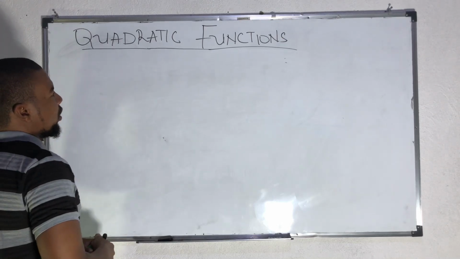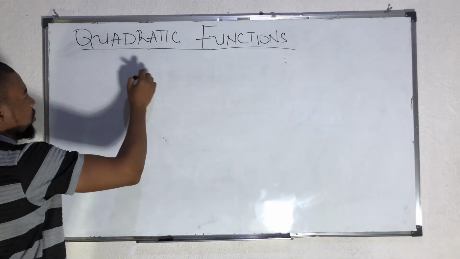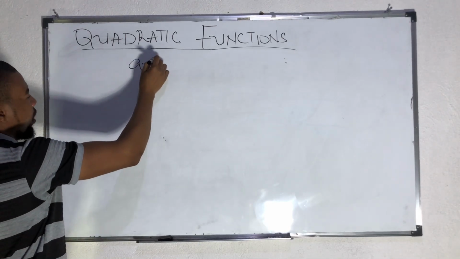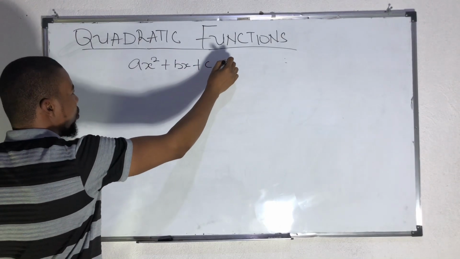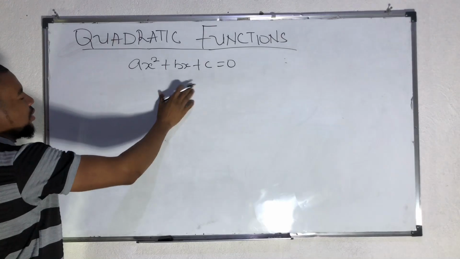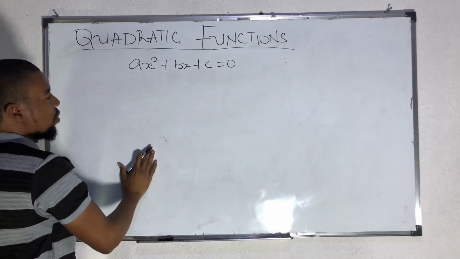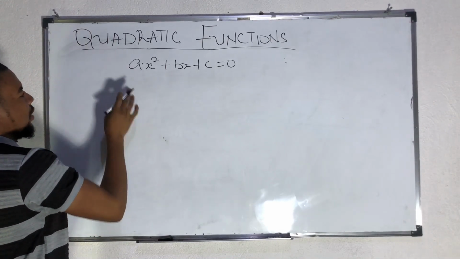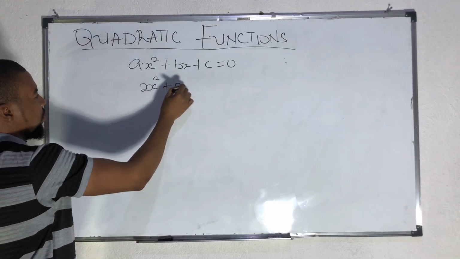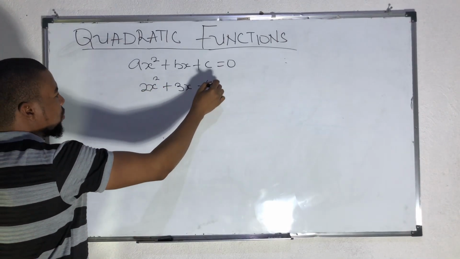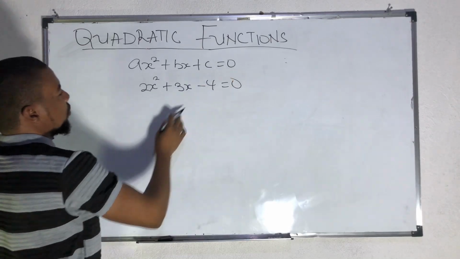The quadratic formula can be derived from this expression: ax squared plus bx plus c equals 0. This is the general form of every quadratic equation. For example, let's say you have 2x squared plus 3x minus 4 equals 0.